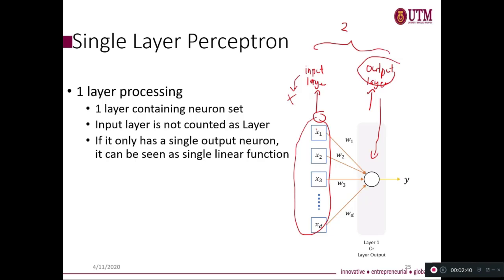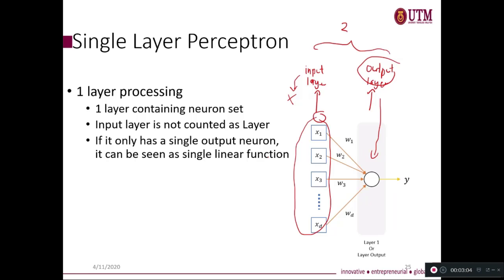These are direct information: X1 going toward this link, X2 going into this line, X3 going to that line. So there are no neurons there. The one that has a neuron is the output layer, which is a single layer. So that's why they call it a single layer perceptron.